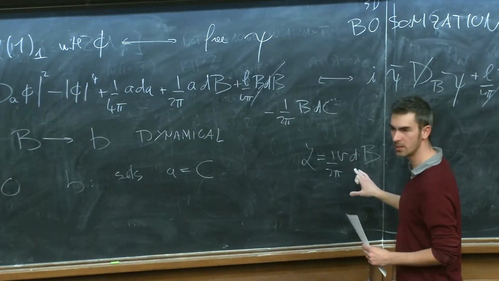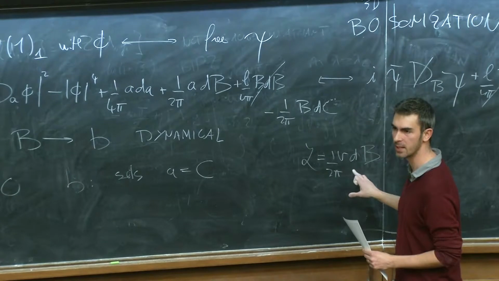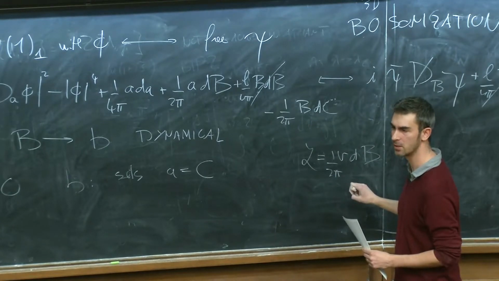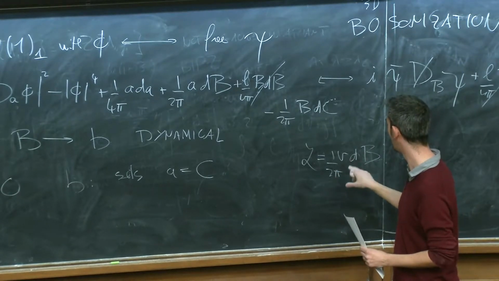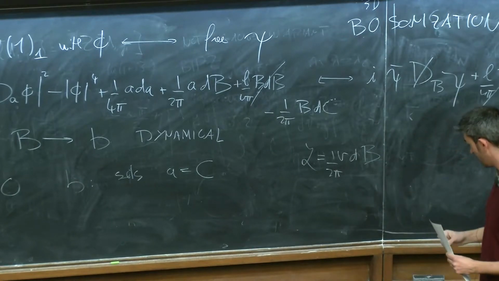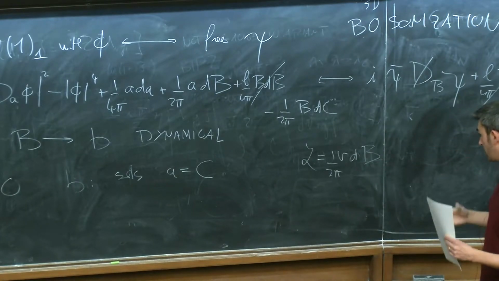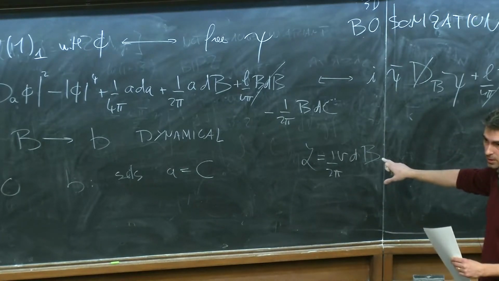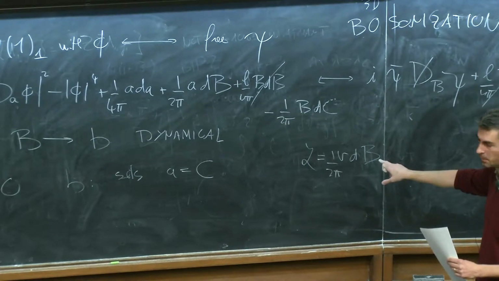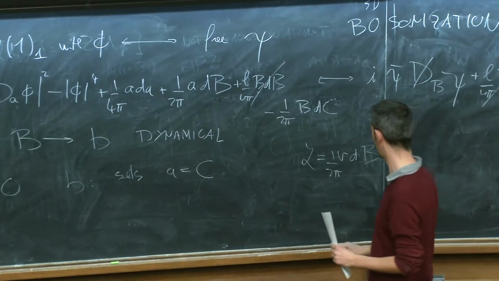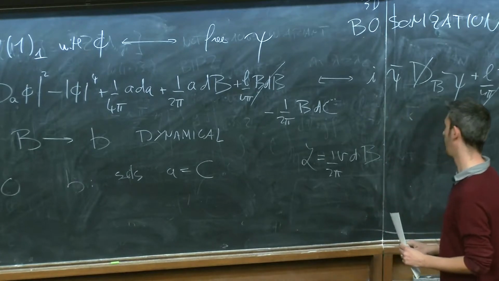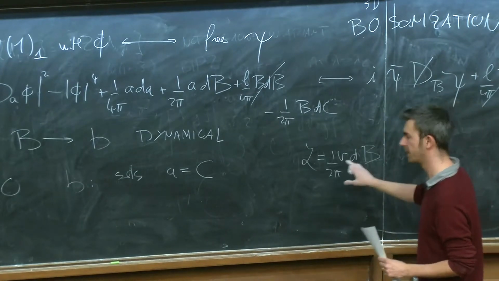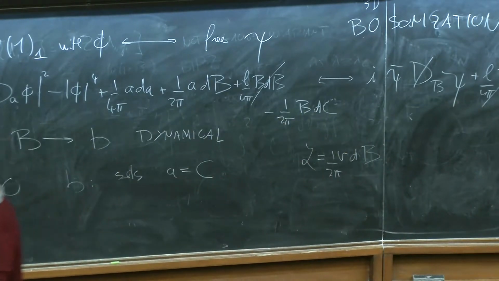I believe it does not, but in order to give you a sharp answer, I need to think a moment about it. So the statement is that this would give you a delta function at b equal to 0 up to gauge transformations. Yes, but I need to think a moment about this.